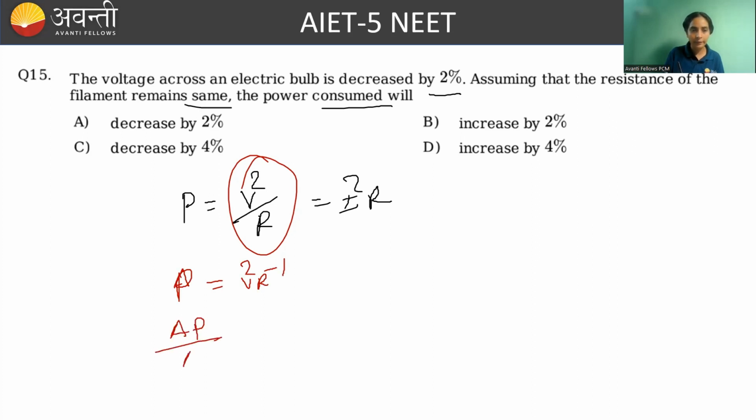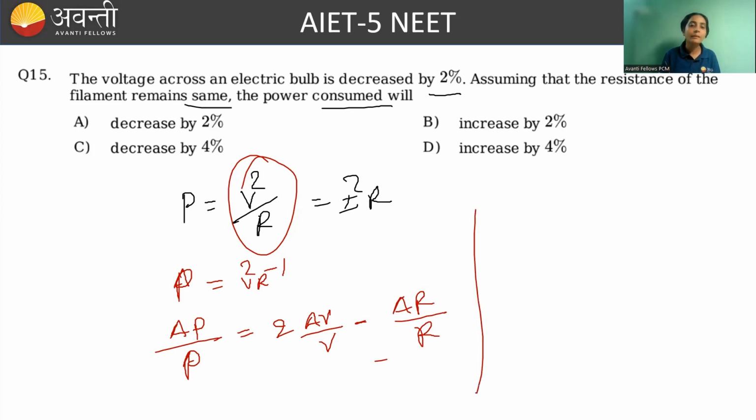Then delta P by P is equal to 2 delta V by V minus delta R by R. This is how we write it. Since the percentage decrease is not that high, it's not 10%, 11%, 12%, or 8, 9%, it's not that significant, just 1 or 2%, we can go with this approach. Don't do this for a higher percentage increase.